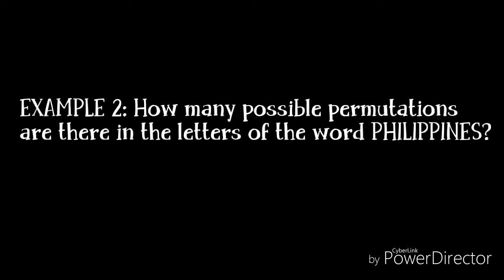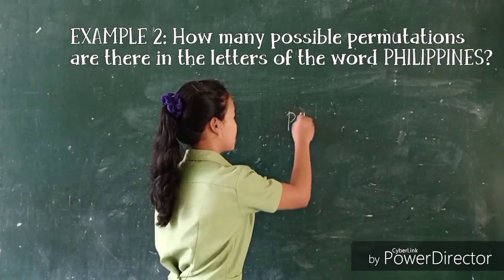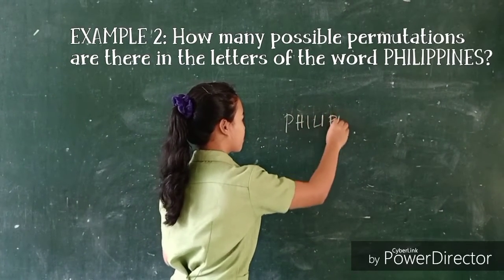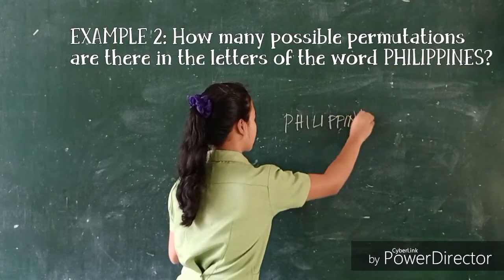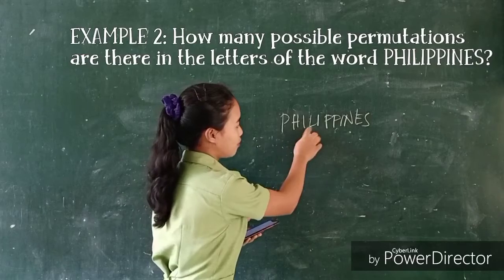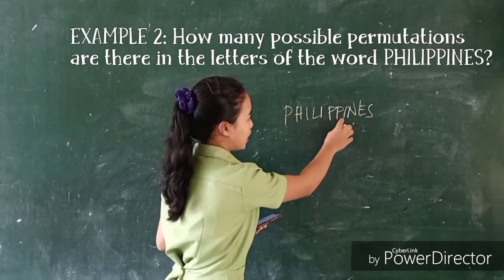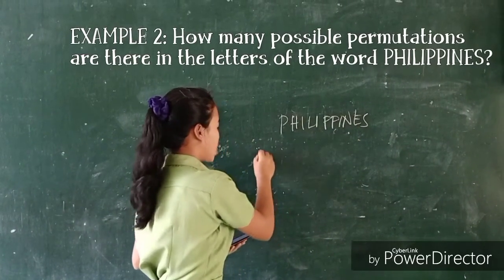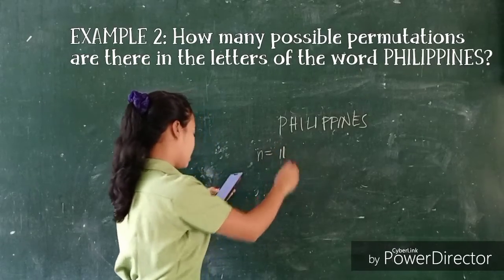So, let's have another example. How many possible permutations are there in the letters of the word Philippines? Philippines. So, how many letters are there? 1, 2, 3, 4, 5, 6, 7, 8, 9, 10, 11. So, our N is 11.